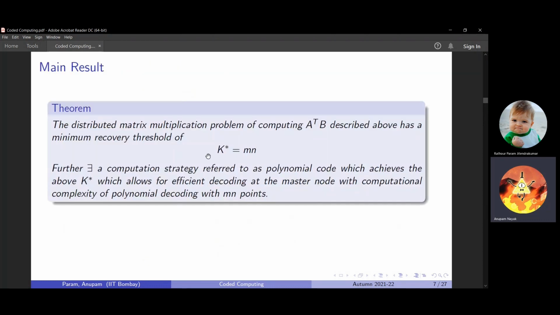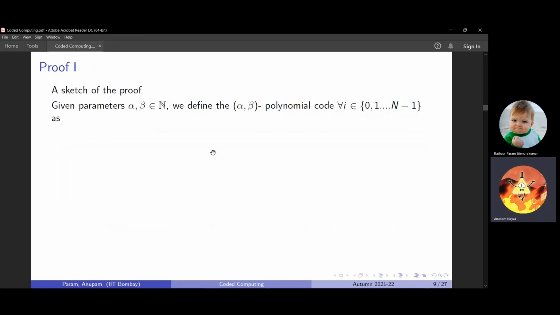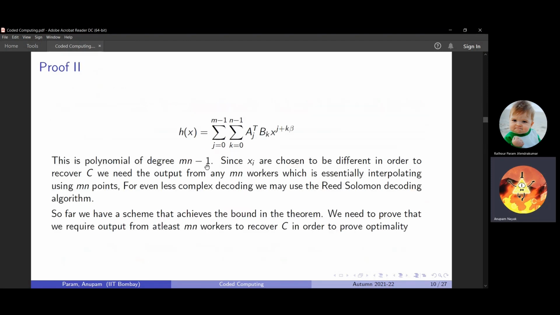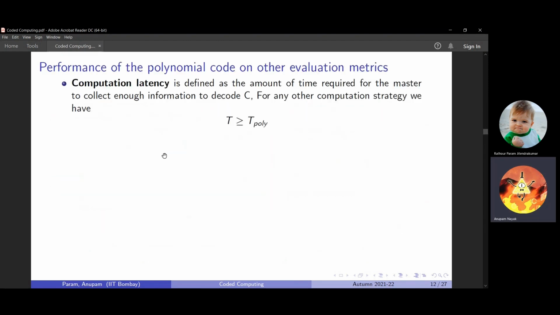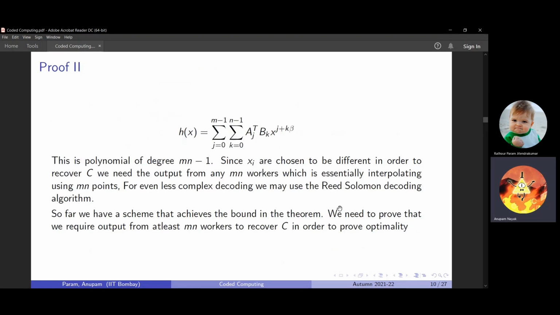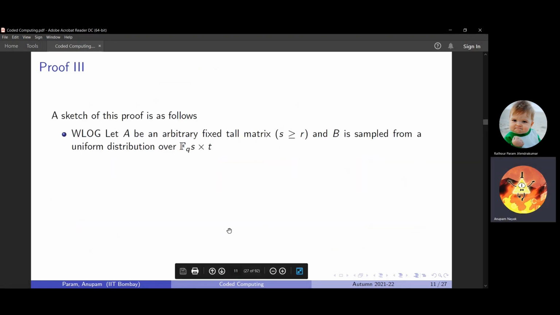Now we want to show that this is the best you could do. You cannot have an optimum recovery threshold less than mn. That's what we would like to show. I'll briefly sketch the main steps of the proof here. Without loss of generality, we'll assume that A is an arbitrary fixed tall matrix. One of the two has to be tall.